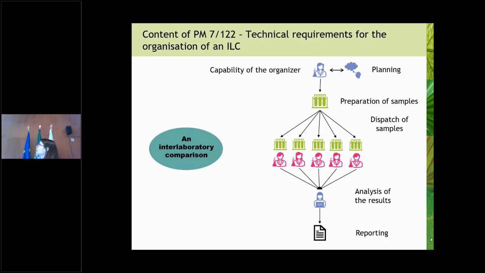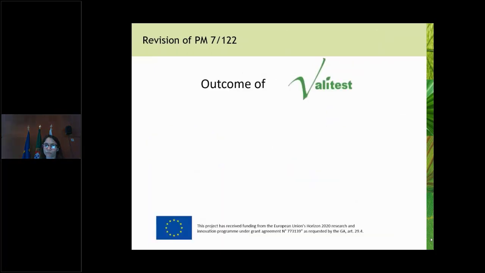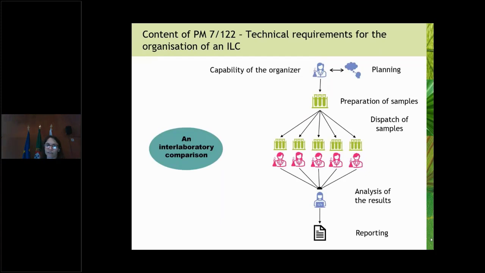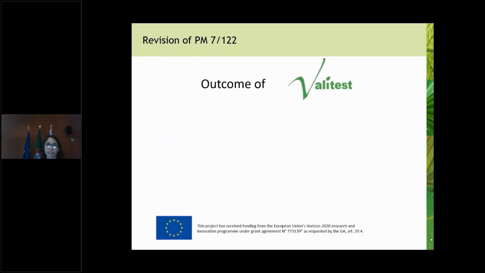There are some guidelines about dispatch of the samples as well. What's in the middle is on the side of the participants, so there are not many details, but then there is information about how you will analyze the results and how you will report them. All this was already in the first version of the standard.